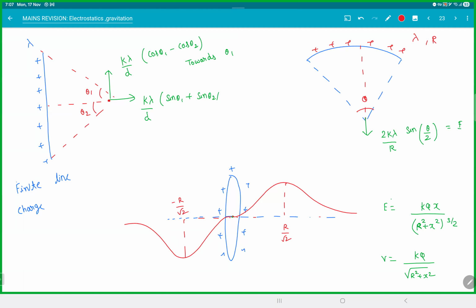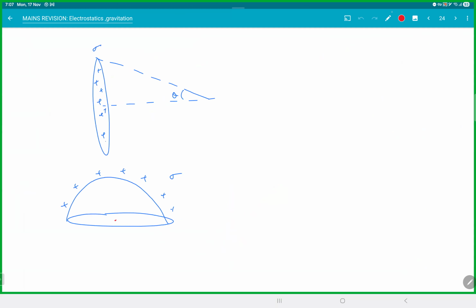Especially the finite line formula, remember that. What about this? A disk and a hemisphere. Find the field at the center and find the field at this point here.